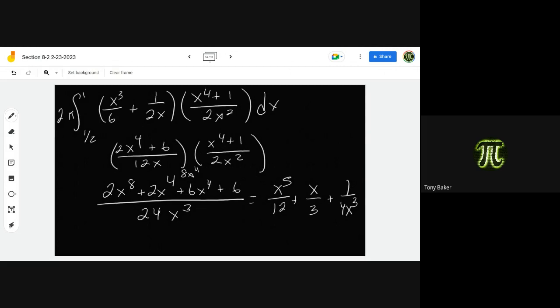The bottom's still 12x to the third or 24x to the third. So divide that by 2, so it's 12, and x to the fifth, 8 minus 3. 4 minus 3 is 1. 8 over 24 is 3. And then 6 over that is 1 over 4 to the third.